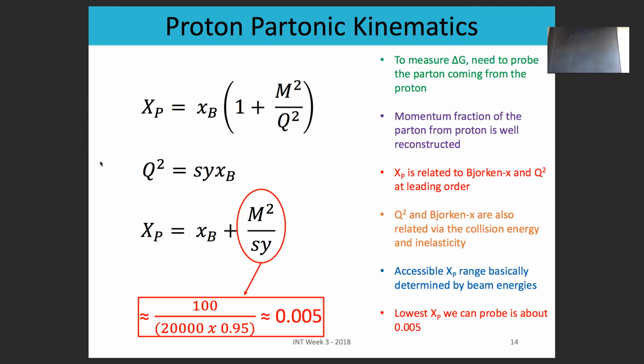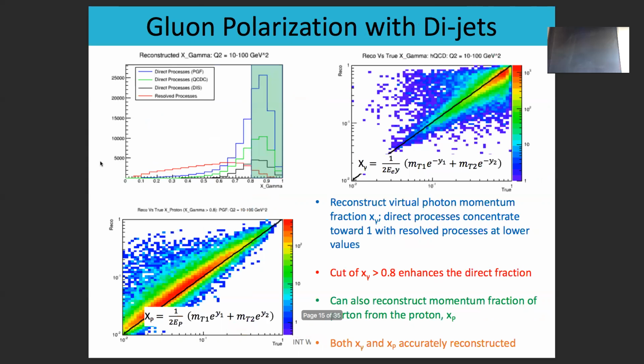Just as a benchmark, maybe our lowest mass range is something like 10 for Dijet mass, and our beam parameters, S is 20,000 for the highest root S, Y is like 0.95. We can expect to get down to an X of about 5 times 10 to the minus 3.